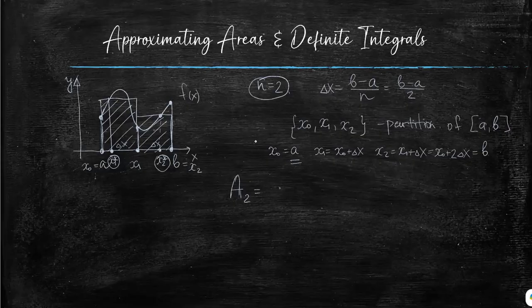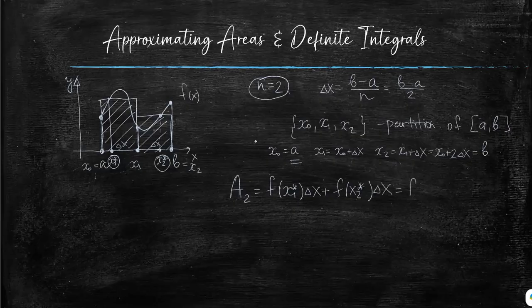And how do we estimate A? In this case, we're going to be using the areas of these rectangles. The area of this rectangle is equal to its height, which is the output of the function at x1 star, times delta x, plus f of x2 star times delta x.